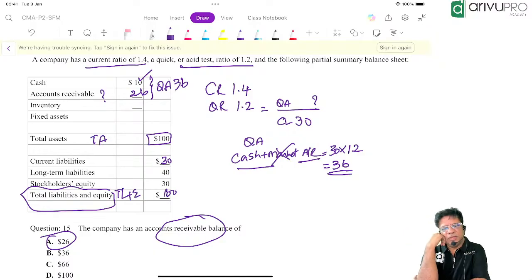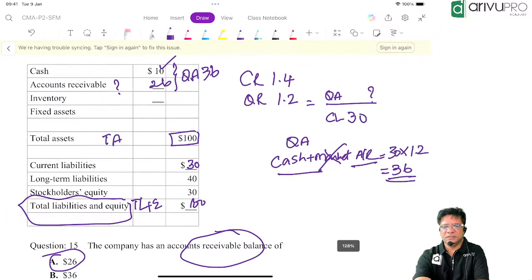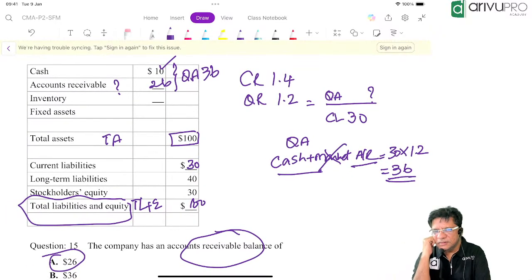Understood? Now, how much is inventory? Okay, so I just did total assets minus cash.